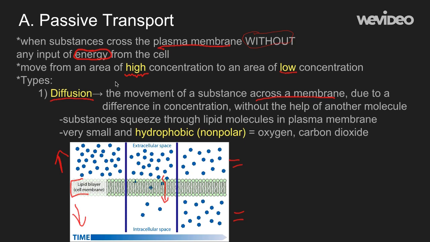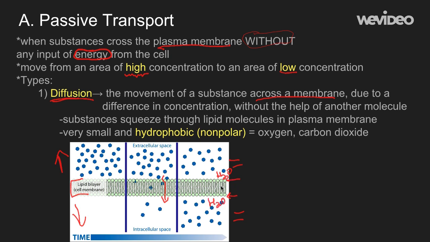Now, in simple diffusion in and out of the cell, it has to be things that can go through the lipid bilayer, or the plasma membrane. Remember the hydrophilic heads right here are polar. They're water loving because there's water out here and there's water in here.